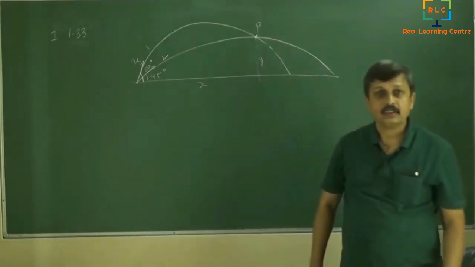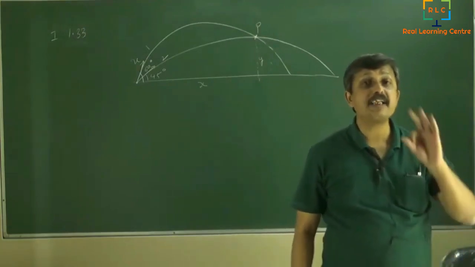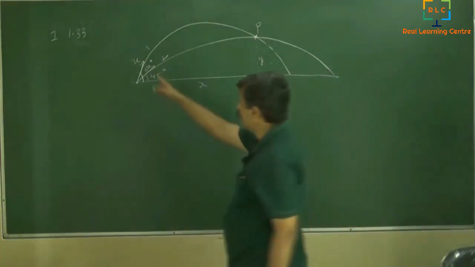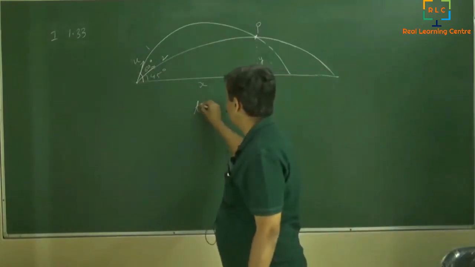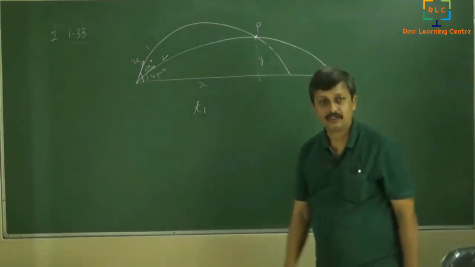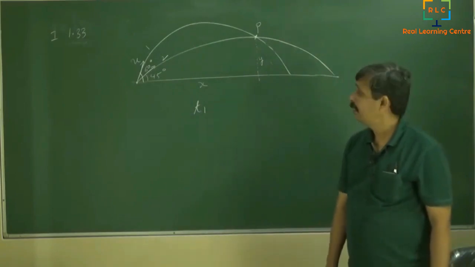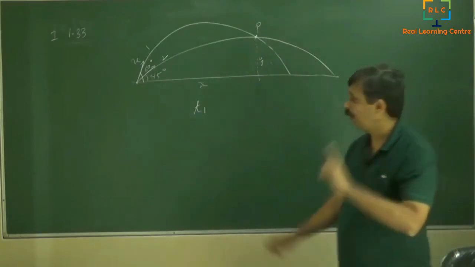So to reach point P, the time the first one takes I will call T1, and the time the second one takes I will call T2.